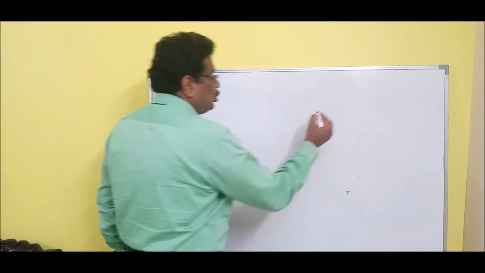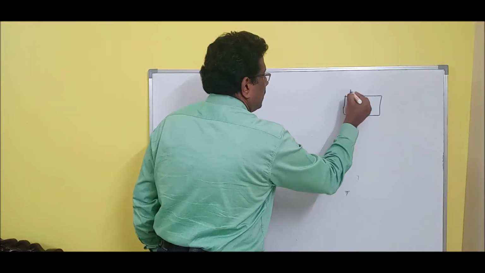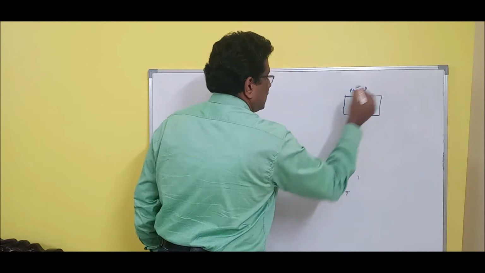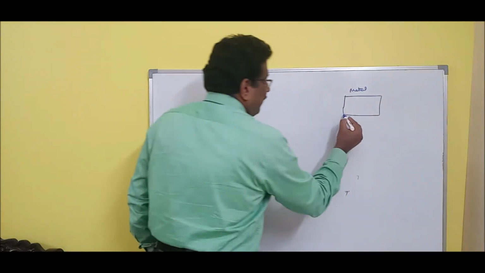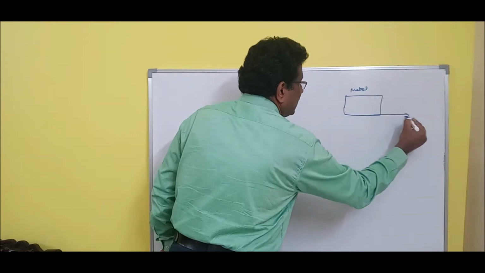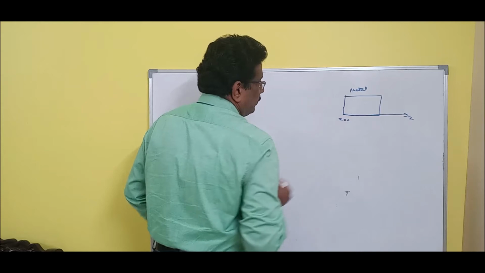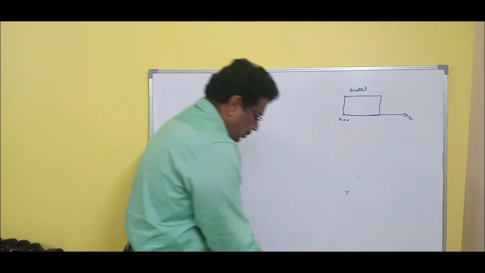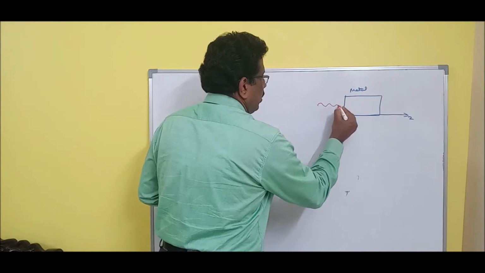Or assume that I have a metal object here. Okay, try to remember there is a metal object, an iron piece, and define that it is along the z-axis and the starting point is z equal to 0. Now let us assume there is some electromagnetic wave going like this.